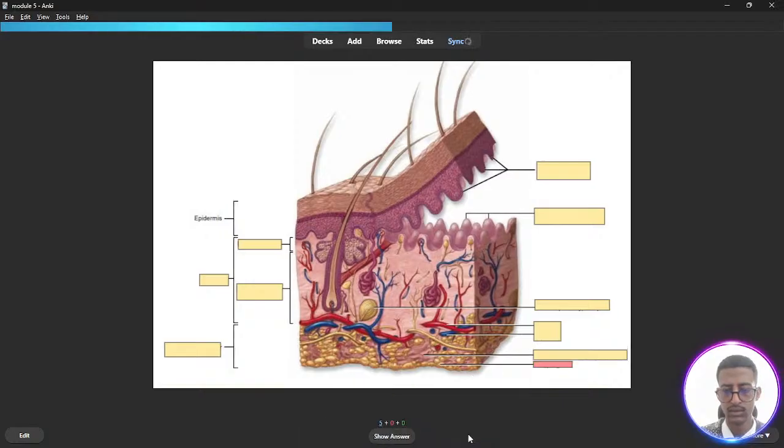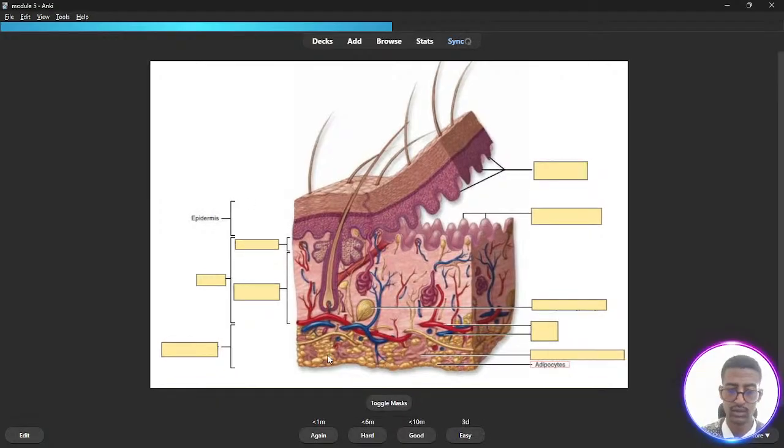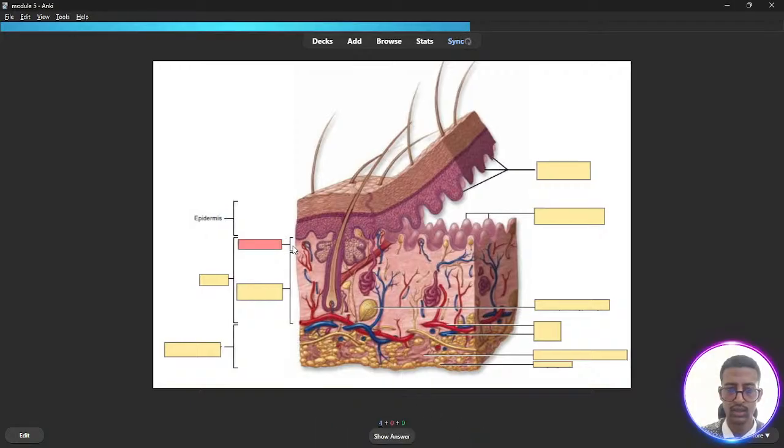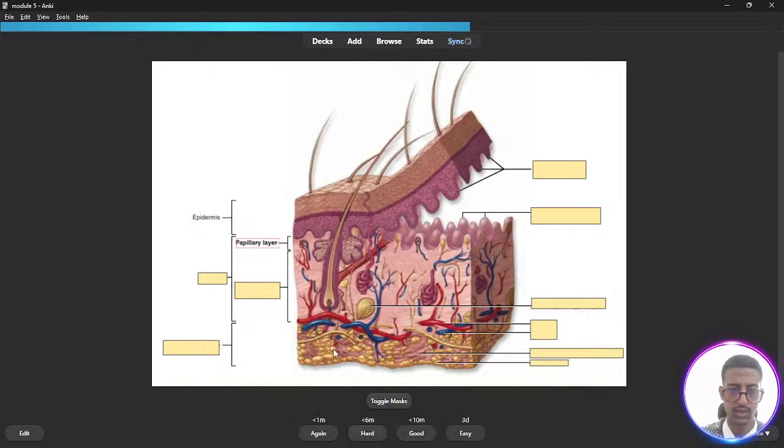It was easy, this one is fats, lipocytes, adipocytes. I have no clue but this one is part of dermis. This is epidermis, dermis, and this layer, I don't remember.